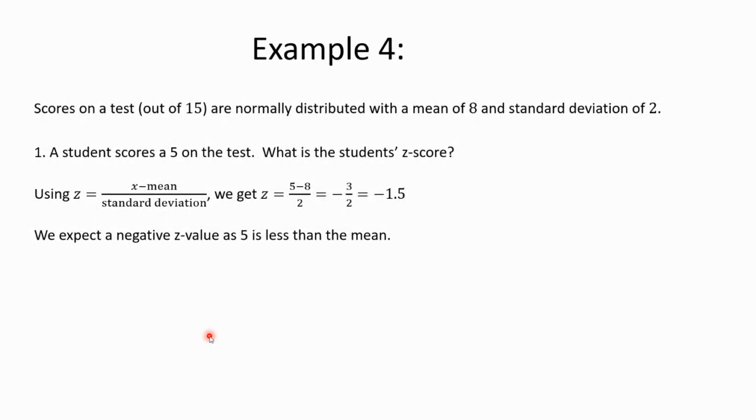So let's suppose we have the data from a test out of 15. We have the test scores, that is. It turns out those scores are normally distributed with a mean of 8 and a standard deviation of 2.